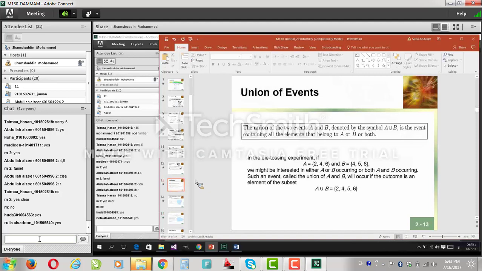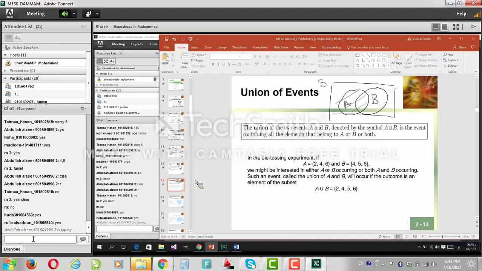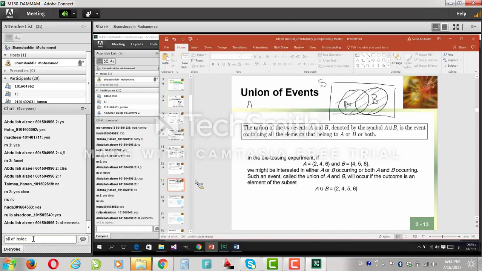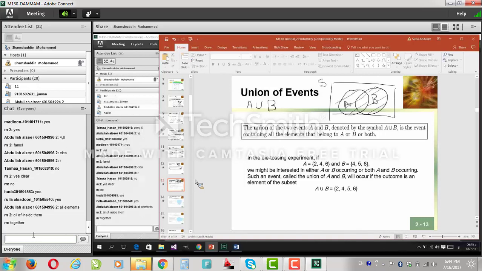The third operation that we will do on events is what we call the union. The union means الاتحاد. So say we have an event A, and this is my S. The union is everything that is in A and in B at the same time, all the elements that we have in A and B. And this is how we are writing it.